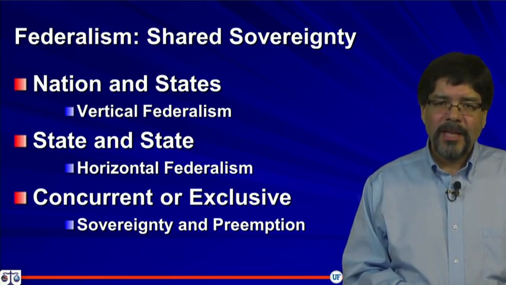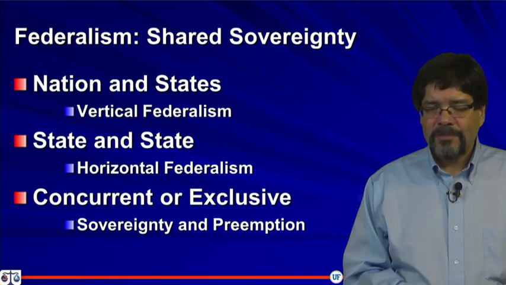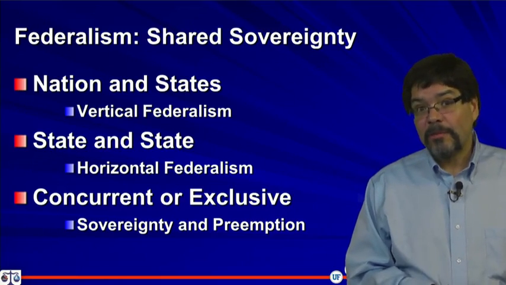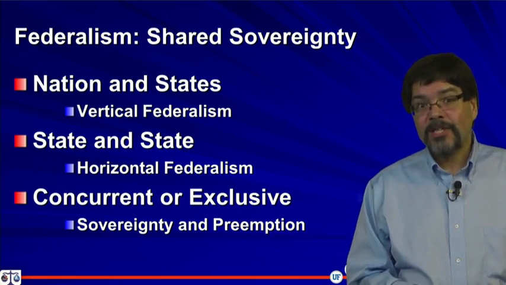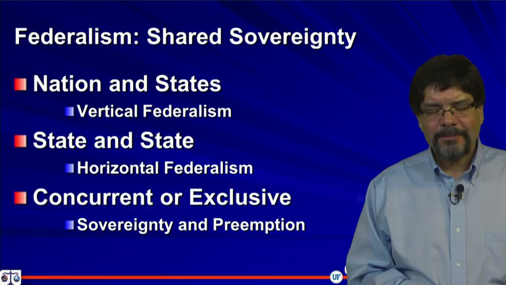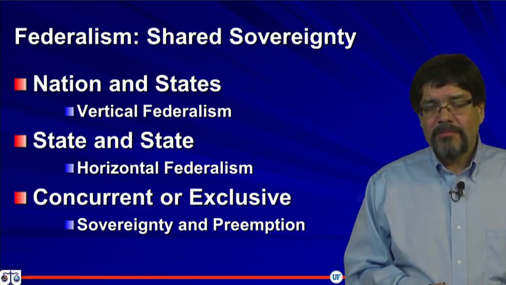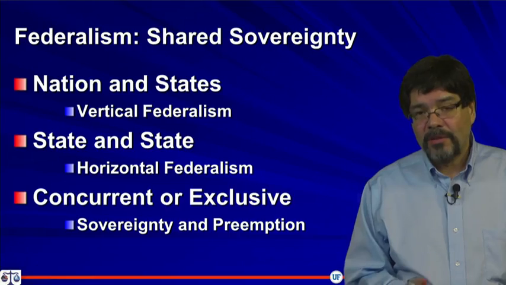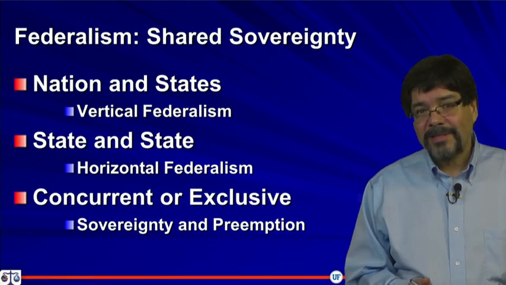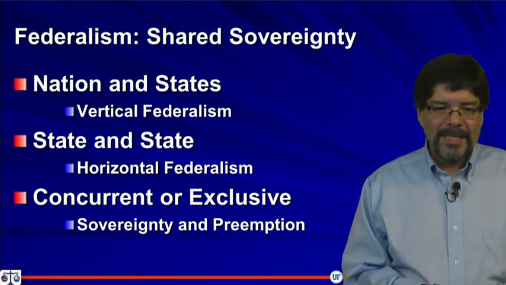This is labeled as vertical federalism, the relationship between the national government, the federal government of the United States, and the 50 states and 6 territorial possessions to a lesser extent. Then there is state-to-state federalism, meaning that the states have to have some relationship with each other, particularly in a country that is as large as ours, but in which mobility is quite easy.